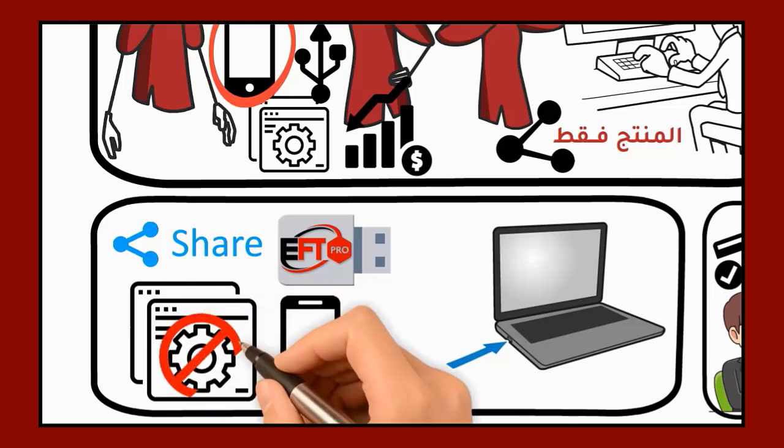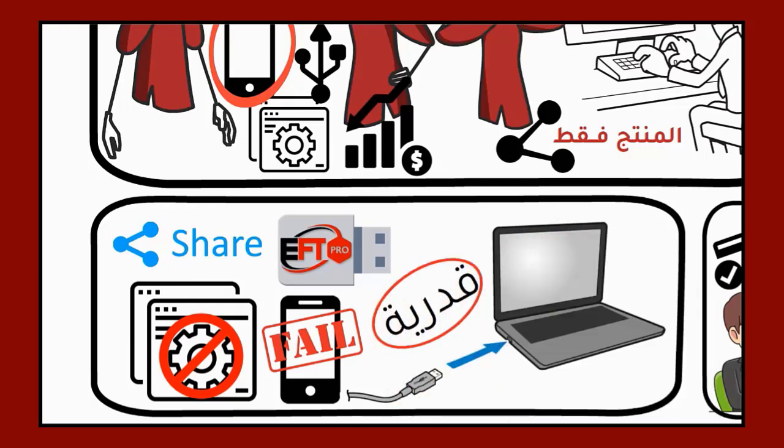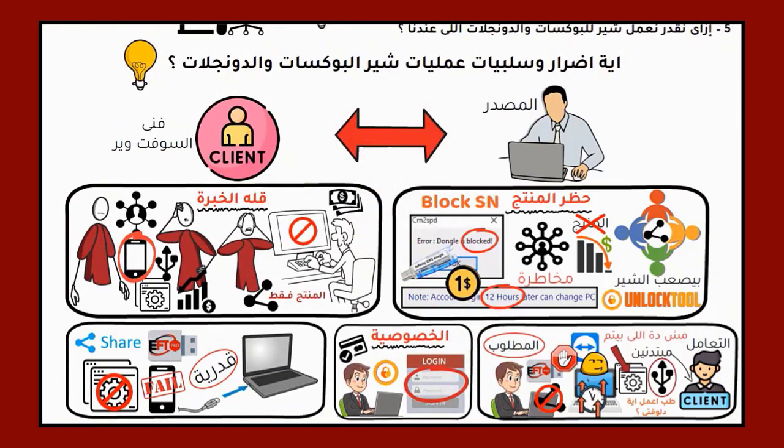Consequently, in the case of this program, it will be disconnected and the process that the customer or the technician is working on will stop. It does not always happen, but it is possible. This is the most important negatives that you can see and meet in these operations.